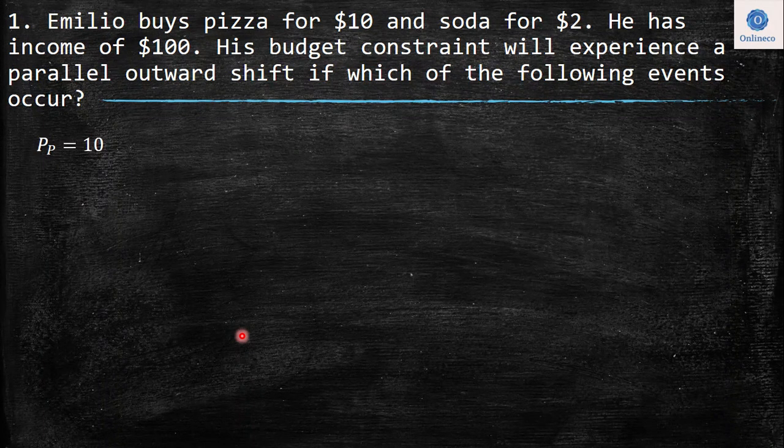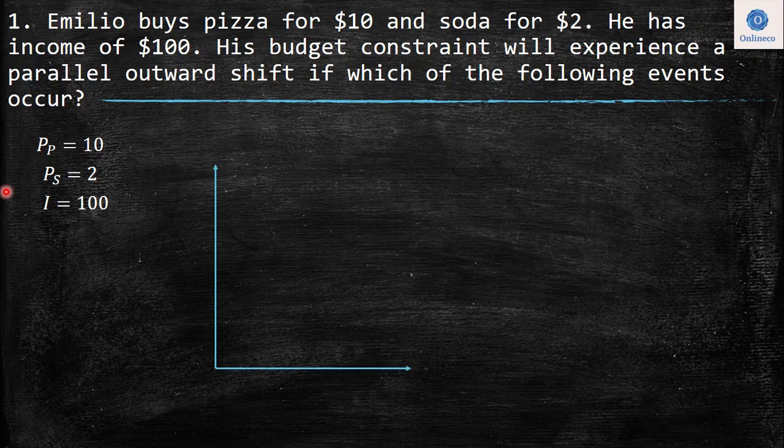So first, I want to introduce the idea better. We know that the price of pizza is exactly equal to $10, the price of soda is exactly equal to $2, and the income is $100. Then, if we want to represent graphically the budget constraint of Emilio, we need to label the axes first.